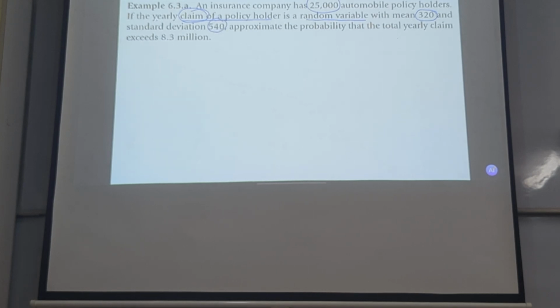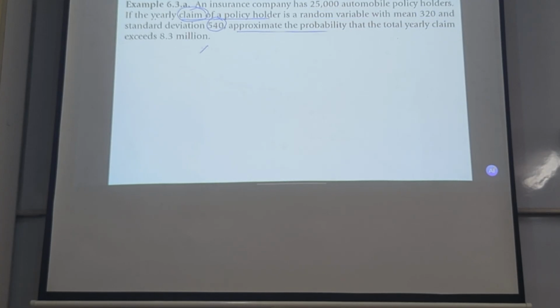What is the distribution? Nothing. What you are asked: approximate the probability that the total yearly claim will exceed 8.3 million. If you consider the total yearly payment is X, then it is the summation of what? Xi is the claim of the ith client. There are 25,000 clients. Then the total claim will be X.